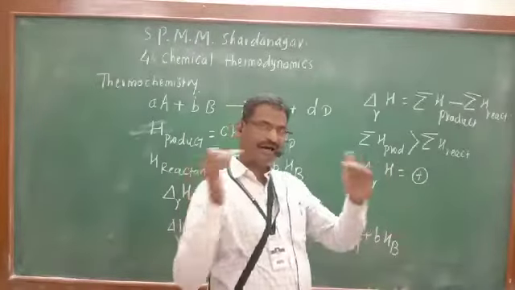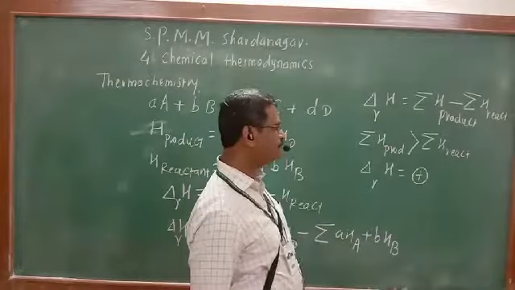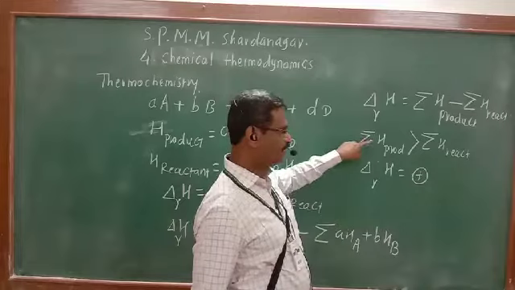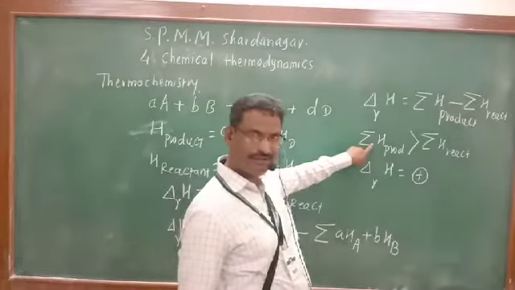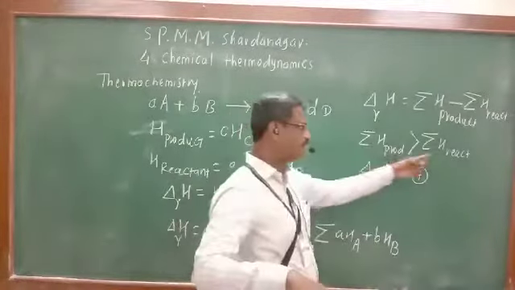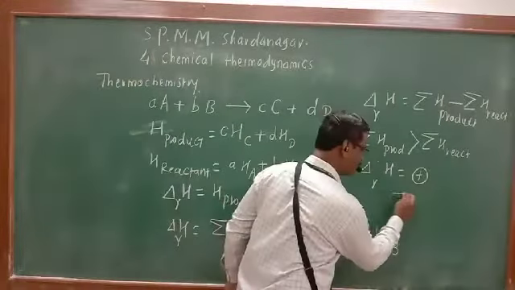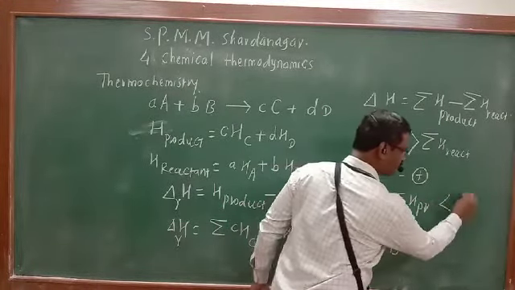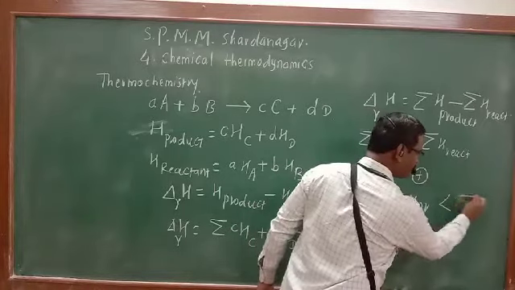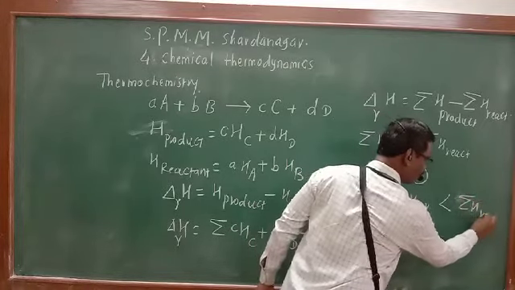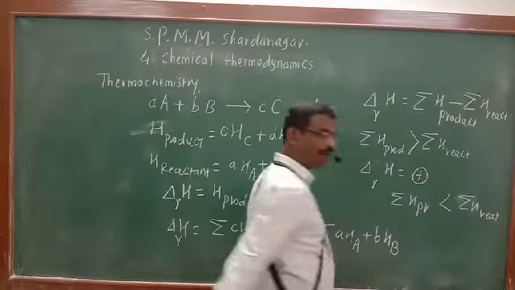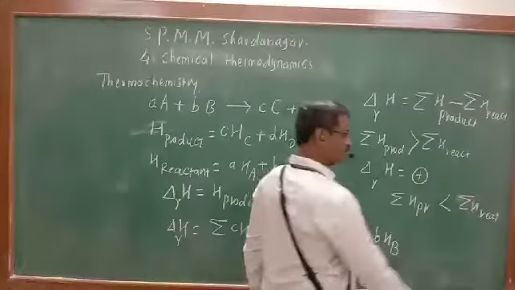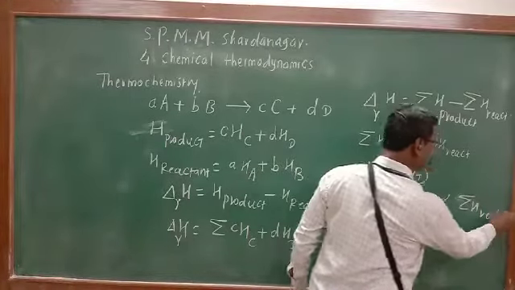If we see it in the opposite manner, if the enthalpy of product is less than the summation of enthalpy of reactant, what will happen? It is the opposite value.